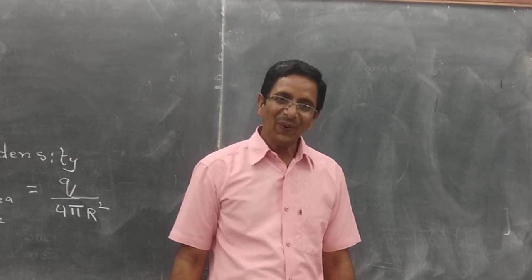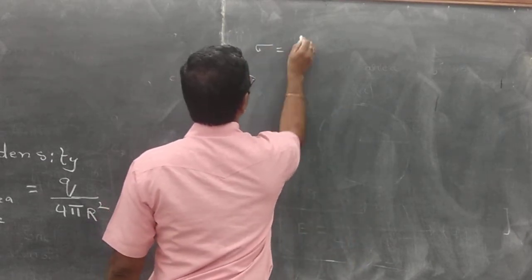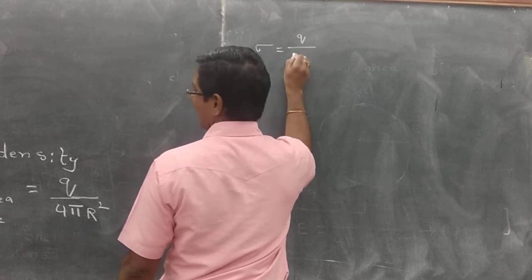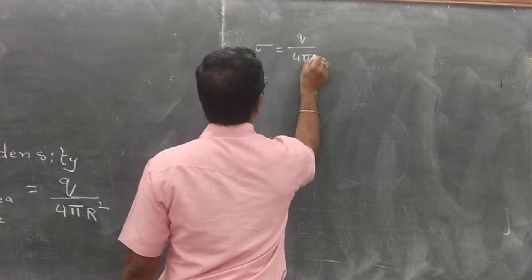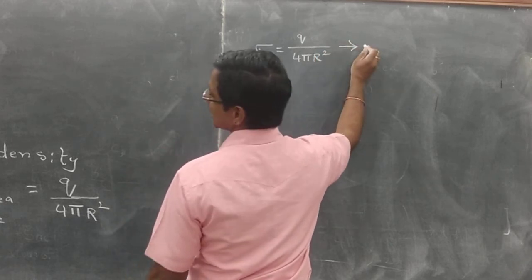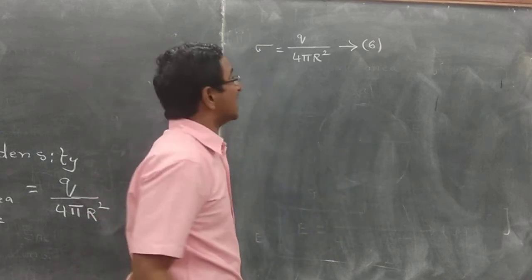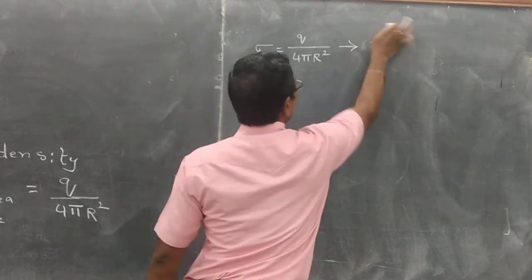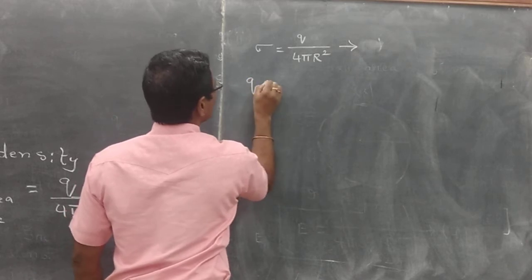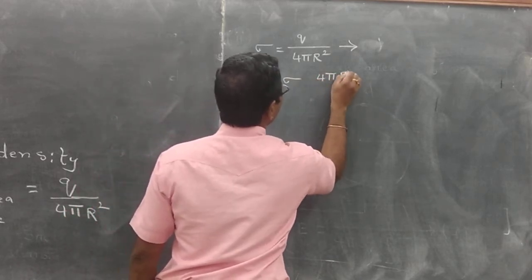Now, what is the sigma? Sigma is equal to Q by 4 pi R square. This is equation number 6. Now I have to write Q is equal to sigma 4 pi R square.